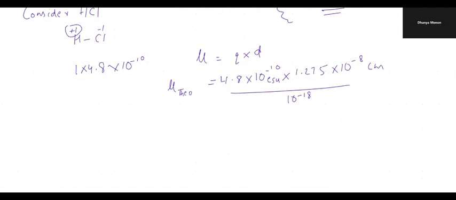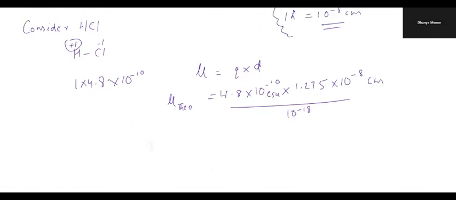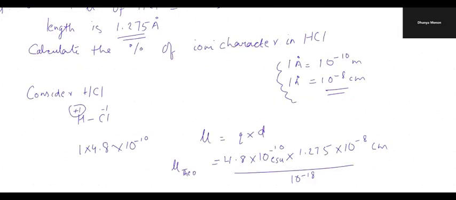What is the experimental value? The formula is: percentage of ionic character is equal to mu observed by mu theoretical, times 100.